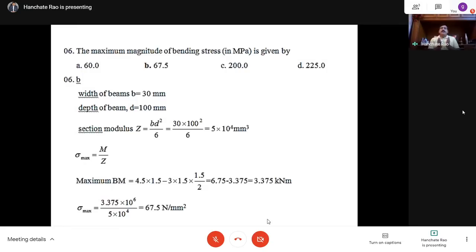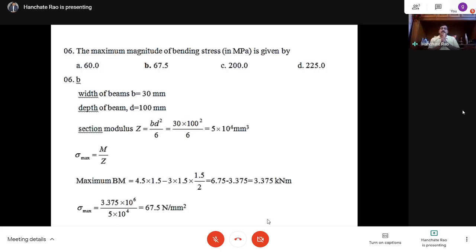If the moment applied is M, the moment of inertia of the beam is I, the radius of the circular arc is R, the material Young's modulus is E, sigma is the stress developed, and y is the fiber distance where you are calculating the stress, then the simple bending theory states that M by I is equal to sigma by y is equal to E by R.